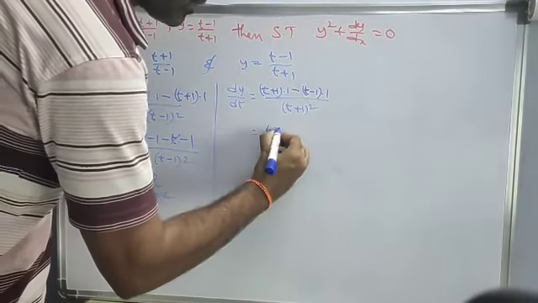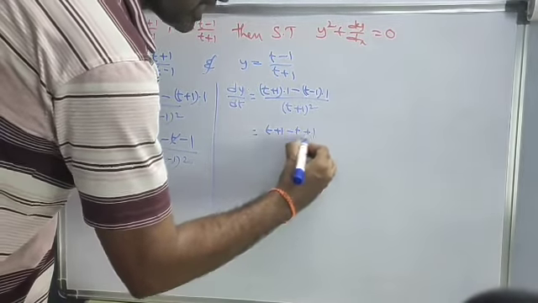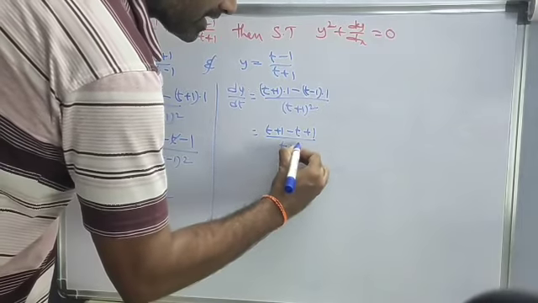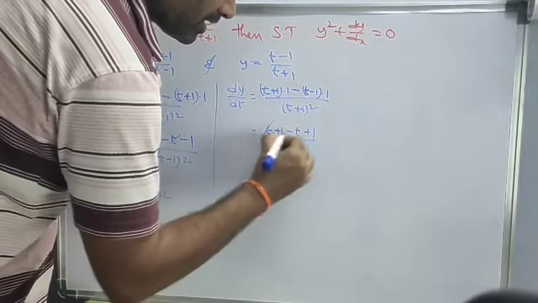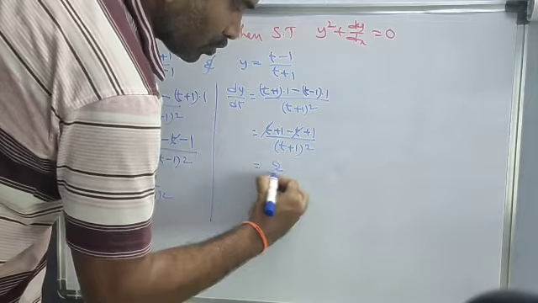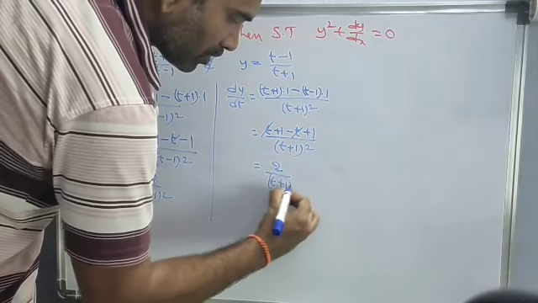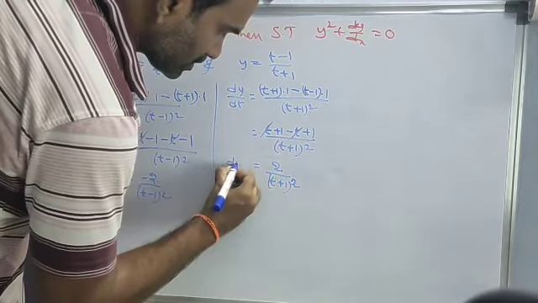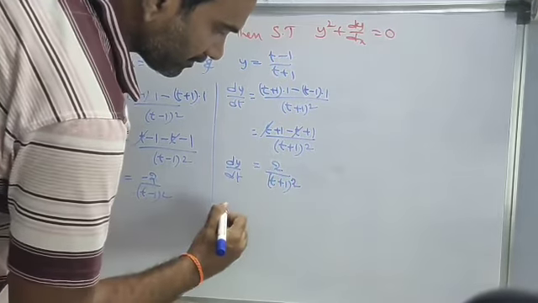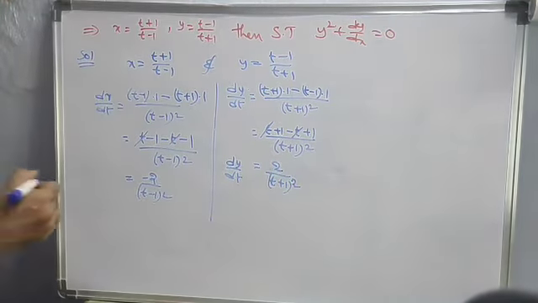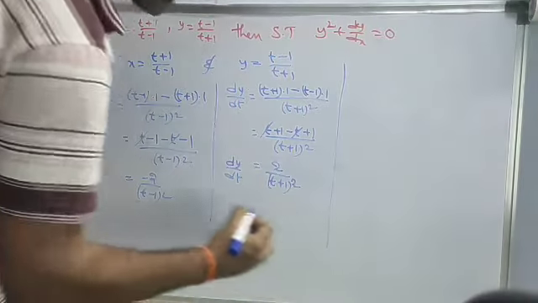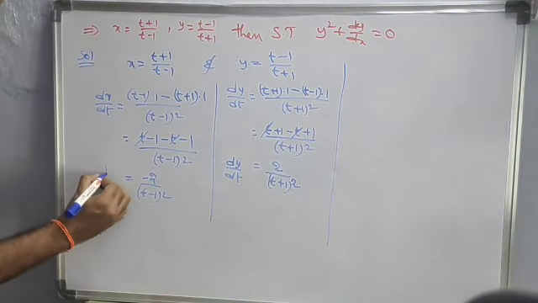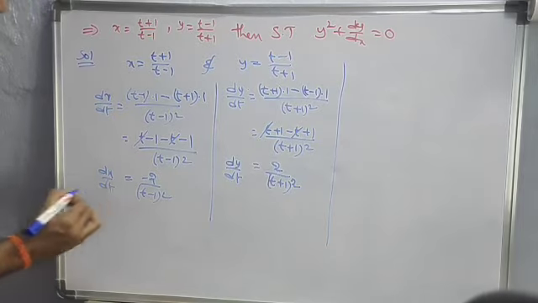So (t plus 1) minus (t minus 1) by (t plus 1)², which is 2 by (t plus 1)². So this is dy by dt.